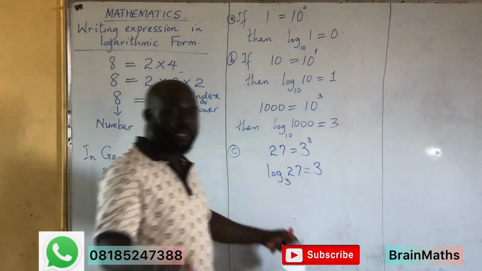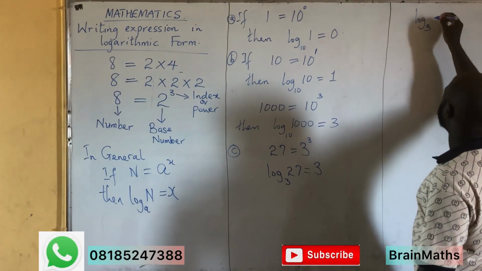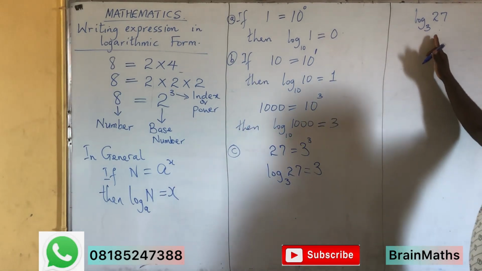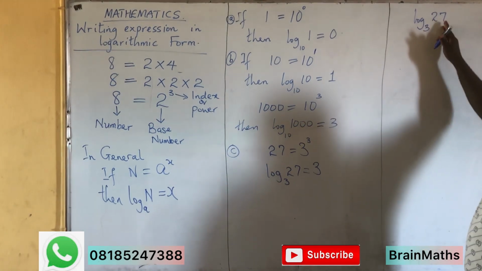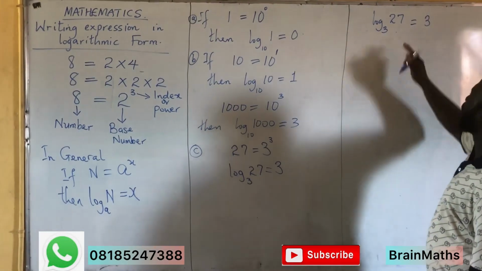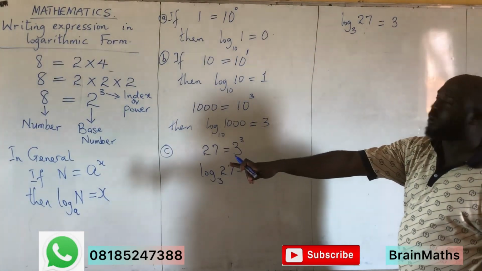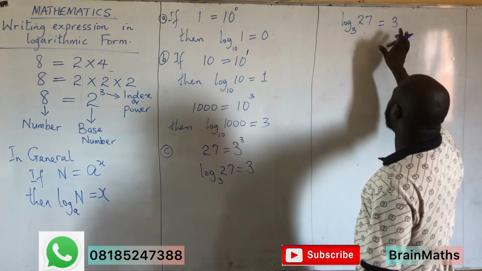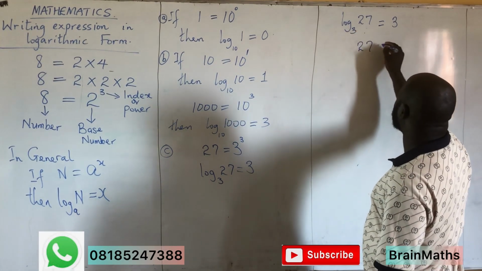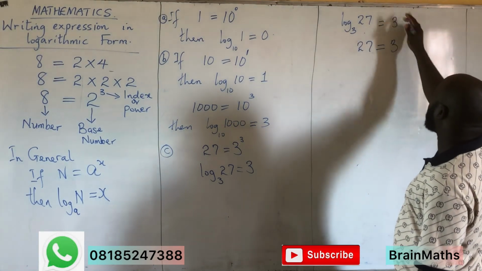Assuming we are given logarithm in base 3 of 27 equals 3, and you want to rewrite it back in index form, all you have to do is to reverse the general law, which says the whole number, which is 27, will be equal to the base number, which is 3, raised to power 3.